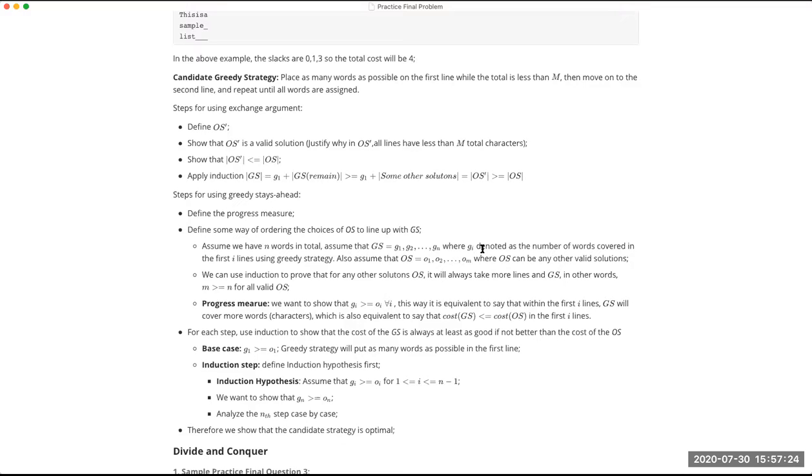But here what we define GI as is the number of words covered in the first I lines using the greedy strategy. So it's different from what we usually do.